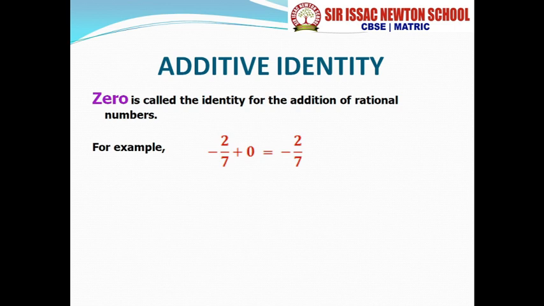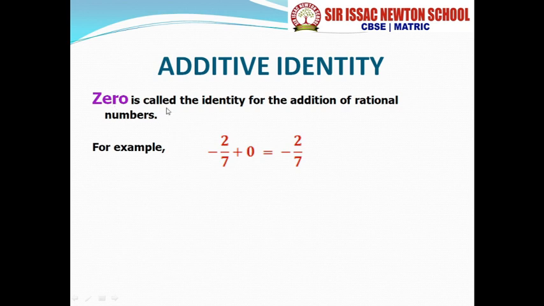So next we are going to see about the additive identity. What additive identity is: when we add 0 to a rational number, we get the same answer. For example, when I add 0 to a rational number 2 by 7, the answer is the same number, the identical number.